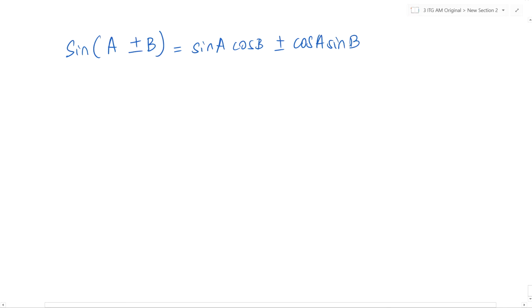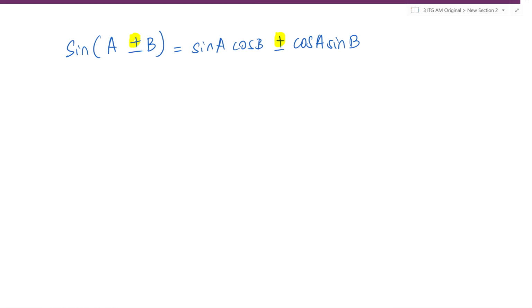I have combined the first two formulas into this one. What this means is that if on your left side it is a plus, it will be a plus on the right. If it is a minus, then the other side must be a minus.